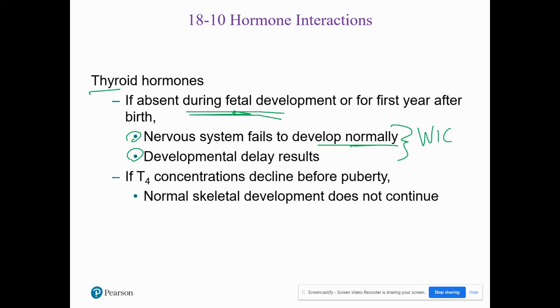So if you have T4 shortages prior to hitting puberty, the skeleton, regardless of sex, won't develop, will not even continue to develop. And I haven't really heard very much luck about getting that kick-started.